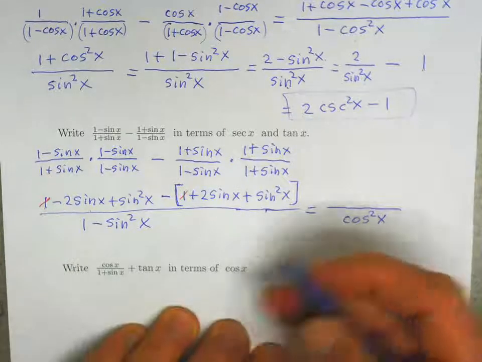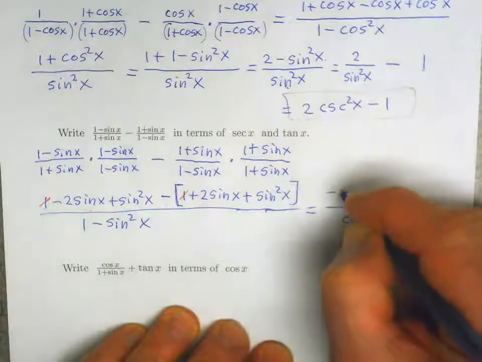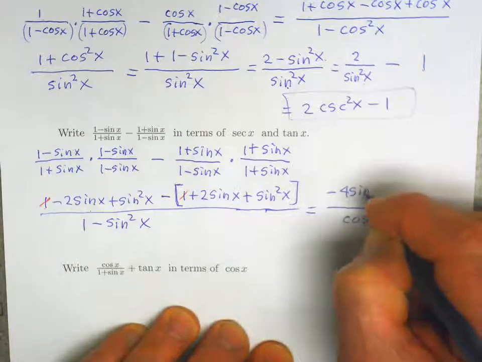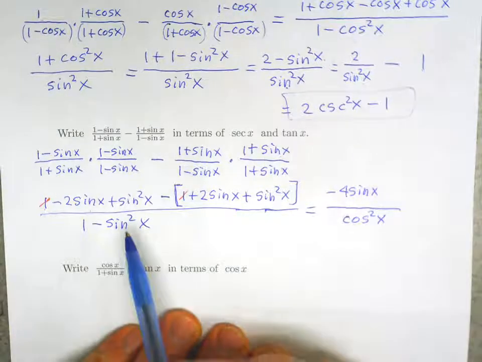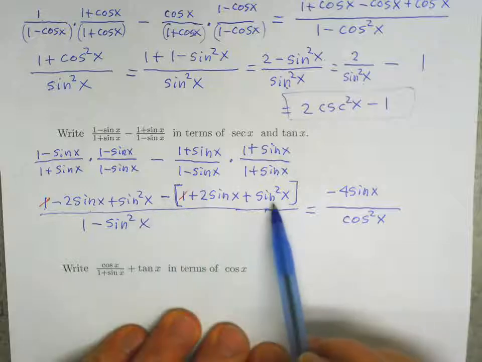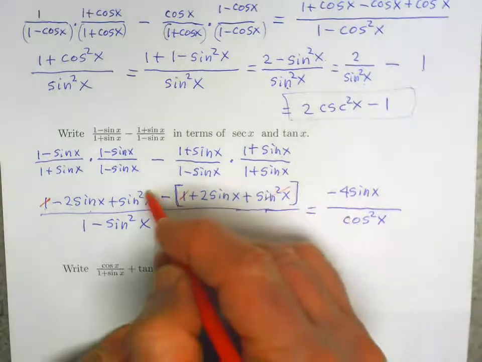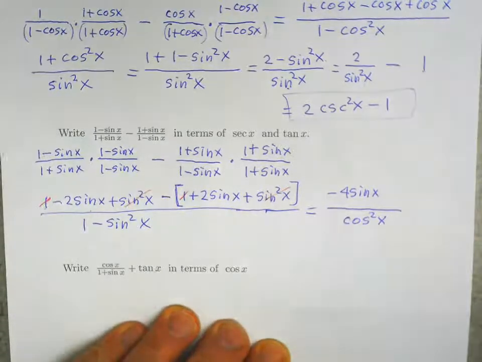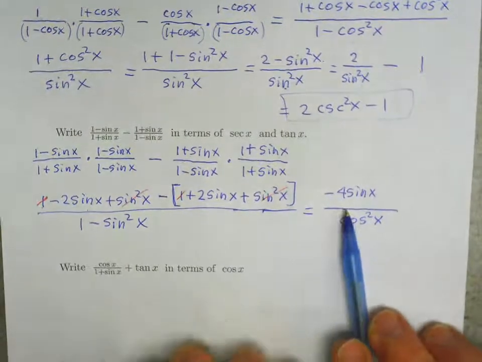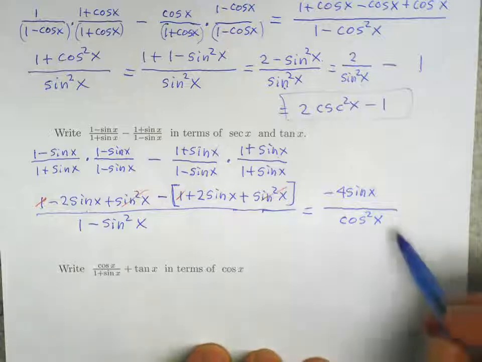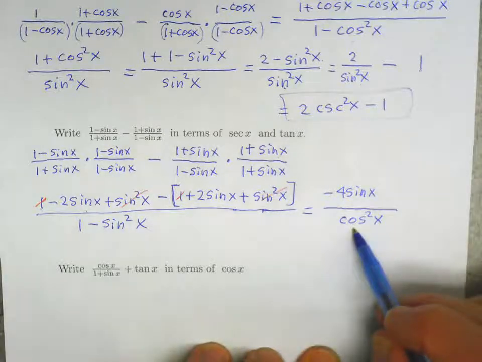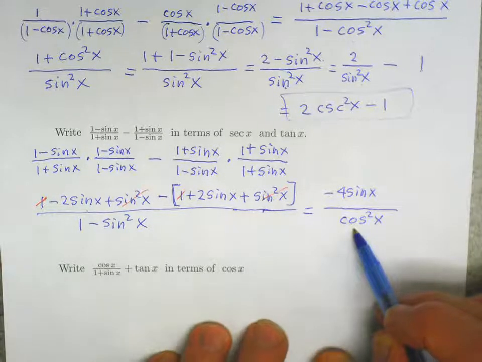So that leaves us with negative 4 sine of x. And then sine of x squared minus sine of x squared, those also cancel to 0. So now we're just left with negative 4 sine of x divided by cosine of x squared.